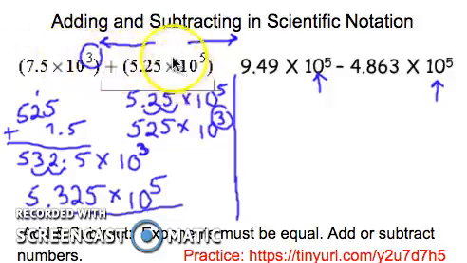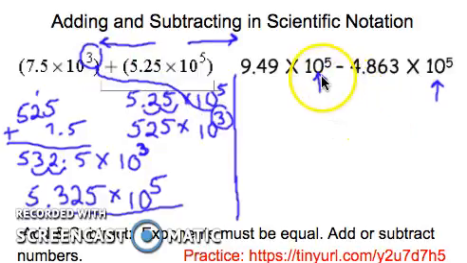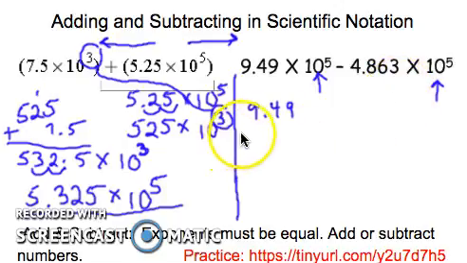You pick one of them and move it to the correct place to where you can have equal exponents. But here it's pretty simple. You know it's going to be times 10 to the 5th, so you take this first number, 9.49, and then you subtract the second number, 4.863.